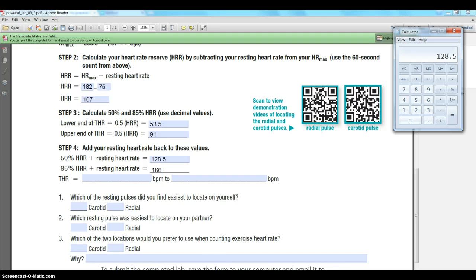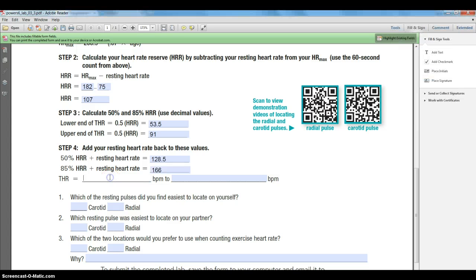Okay, and if you want to see that here, I can go 91 plus 75, resting heart rate again, 166. So my target heart range would be right here, 128.5 or 129, it's close enough, to 166.